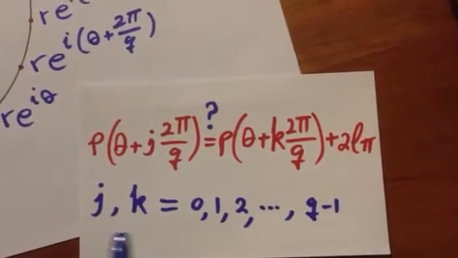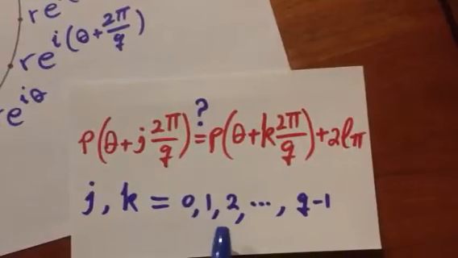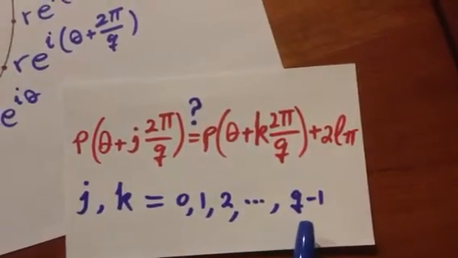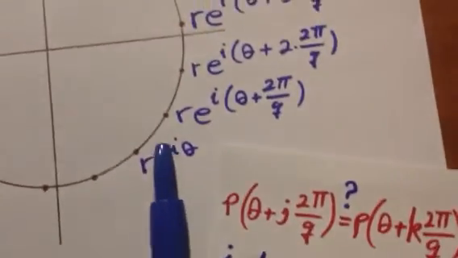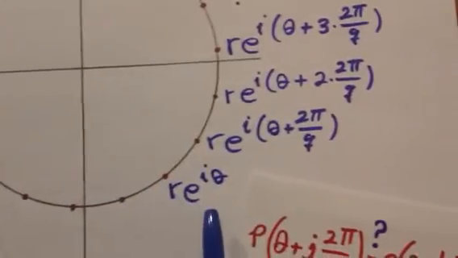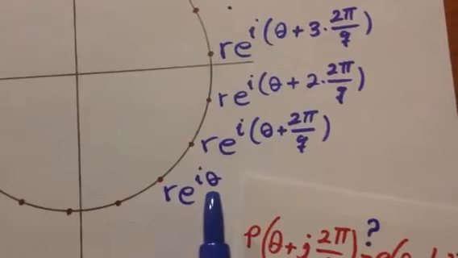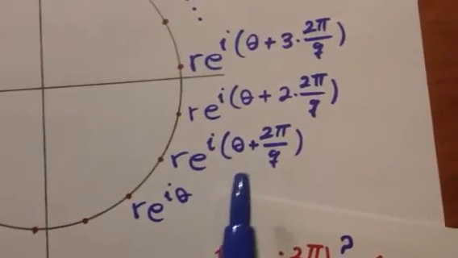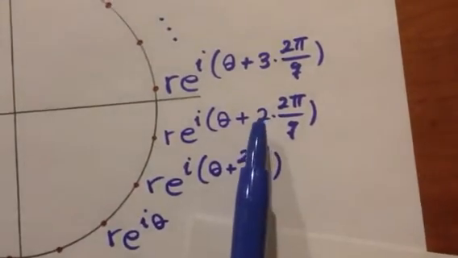So that integer has to be either 0, 1, 2, or all the way to q minus 1, because when you get to q, going around the circle, we go back to the original one. So here j is 0, here j is 1, j is 2, 3, and so on.